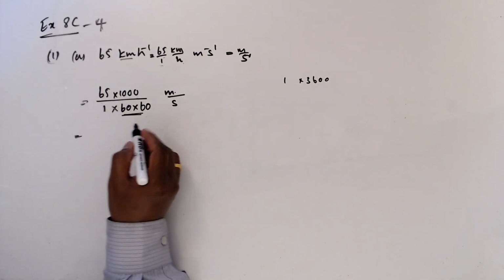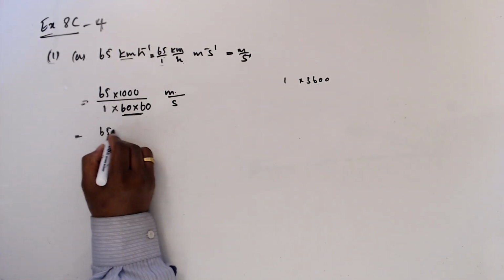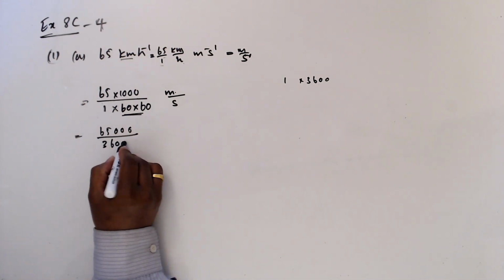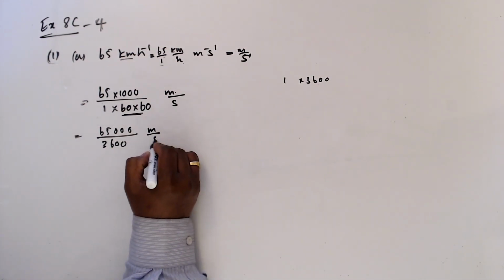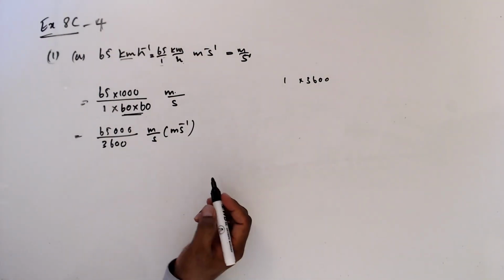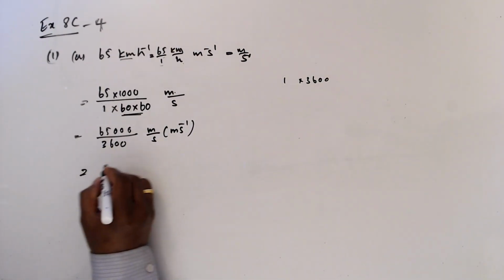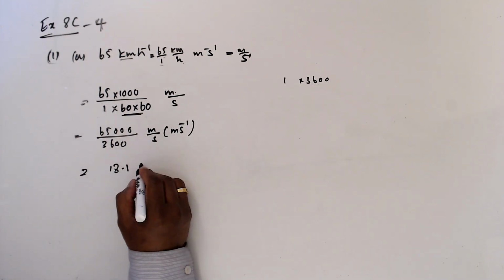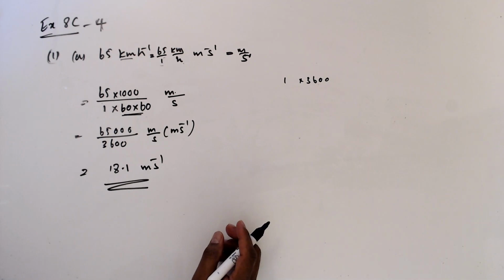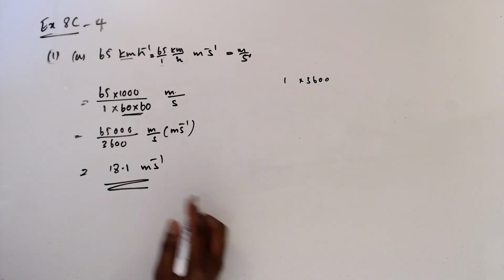So this is basically 65 times 1000 over 3600 m over s, or m s minus 1. So you will get the answer as 18.1 m s minus 1, meters per second.